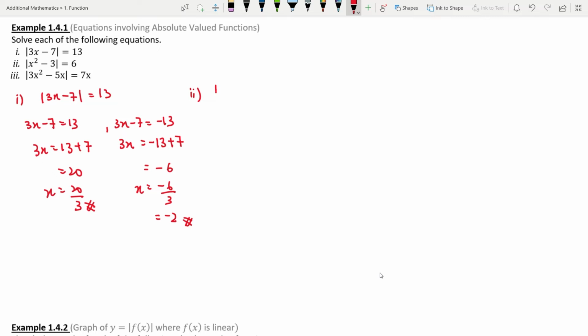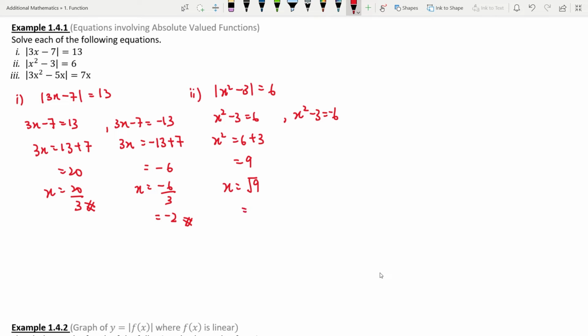Second one, modulus x squared minus 3 equal to 6. The same thing. The first one we have x squared minus 3 equal to 6. And the second equation we will have x squared minus 3 equal to negative 6. Let's solve for the first one. We have x squared equal to 6 plus 3, which is 9. x will be square root of 9.